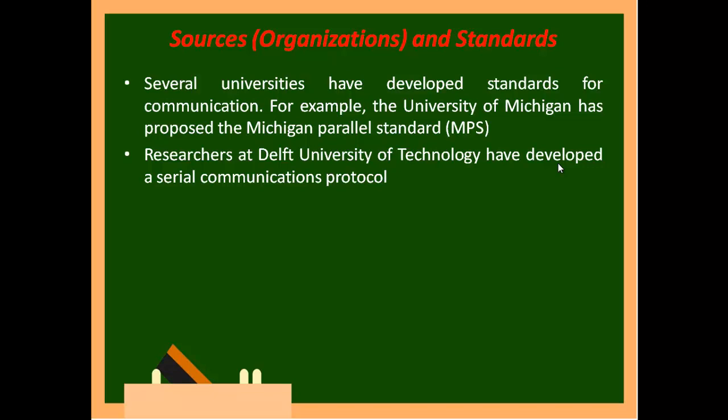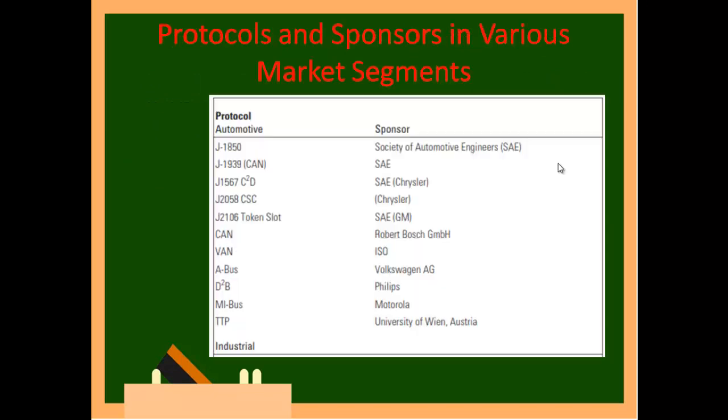For example, the University of Michigan proposed a particular standard. Researchers at Delft University of Technology also developed a serial communication protocol. Like this, each university was developing its own protocols for communication.